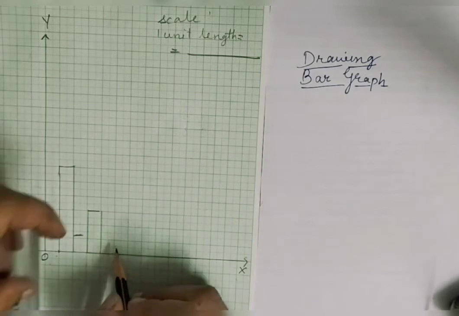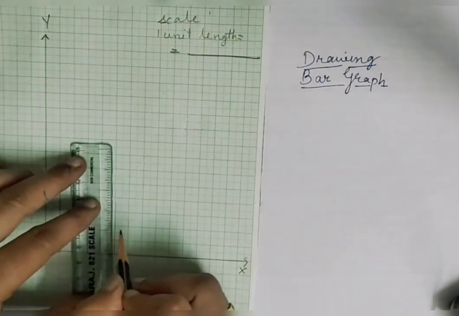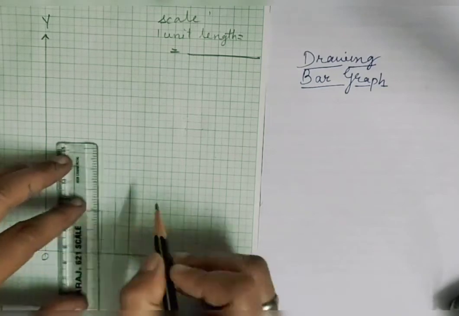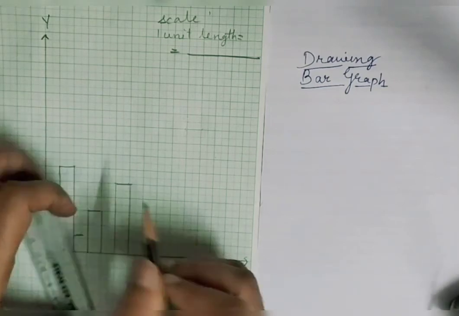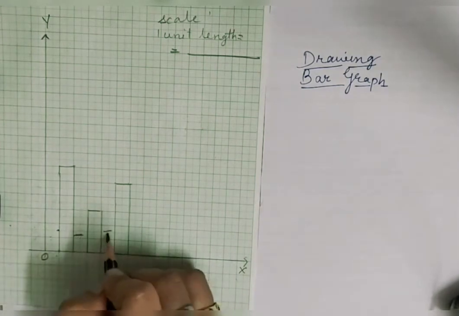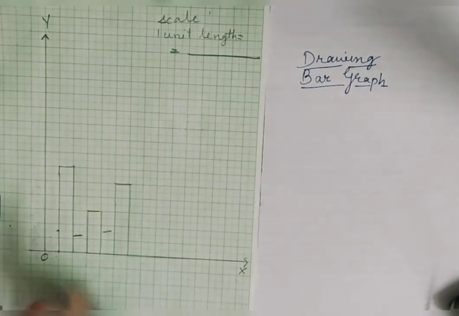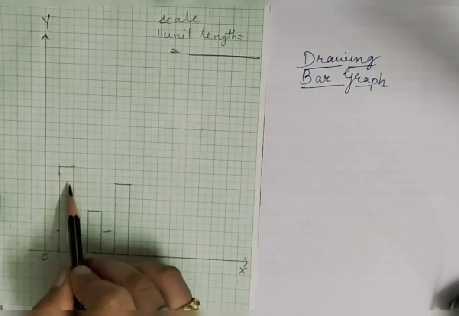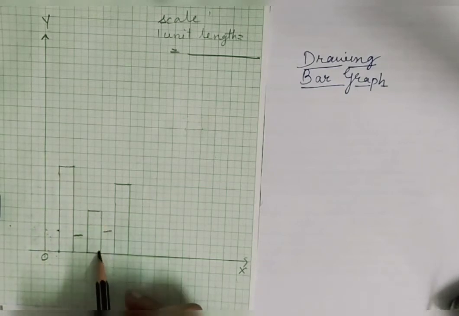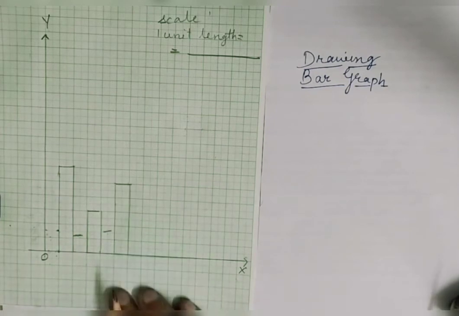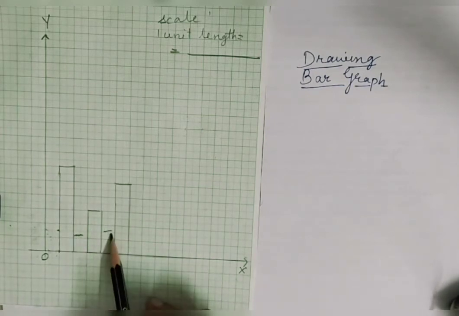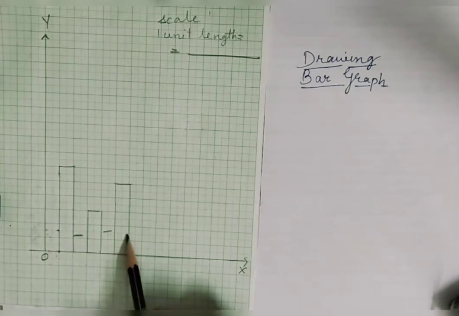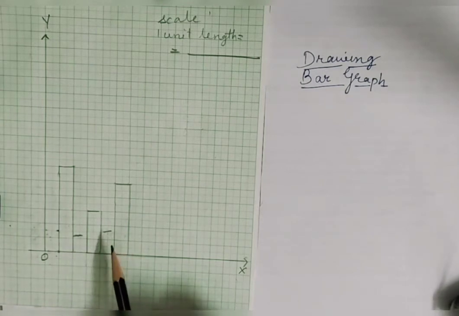The space between different bars should be equal. Suppose I have drawn the third one here. So this space should be equal. What we do in the graph is leave one unit length box, then draw the bar, then leave a box, then draw the next bar. In this way we get equal spacing, and the width of the bars is also the same. This is the job done by the graph paper.